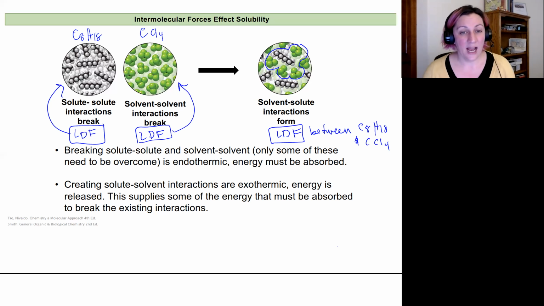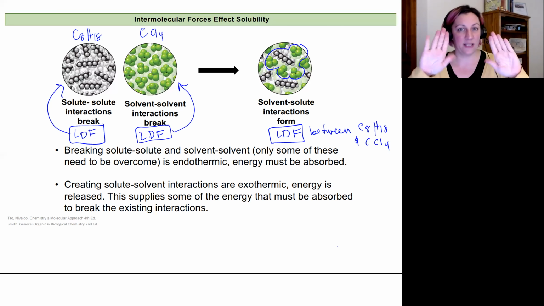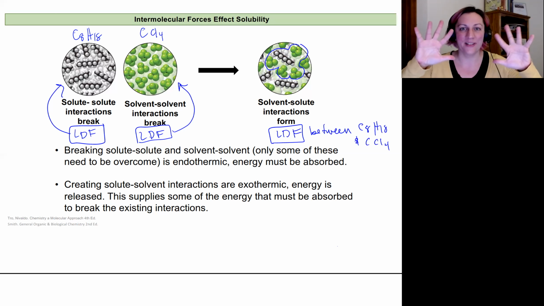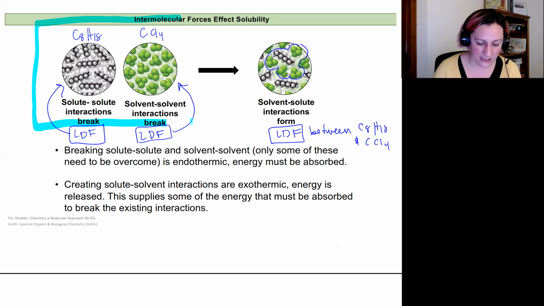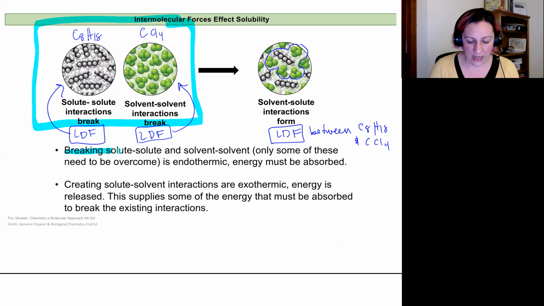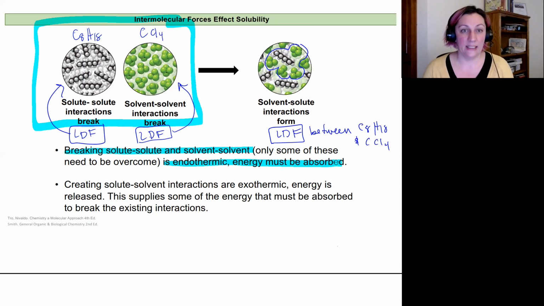So when I'm breaking apart my solvent-solvent interactions and my solute-solute interactions, I envision this as having these pure samples and creating space between all of my molecules in the liquid. And then I'm going to combine those two together and form new interactions. So what's happening in this left side right here is that we break the intermolecular forces that exist between each of the molecules.